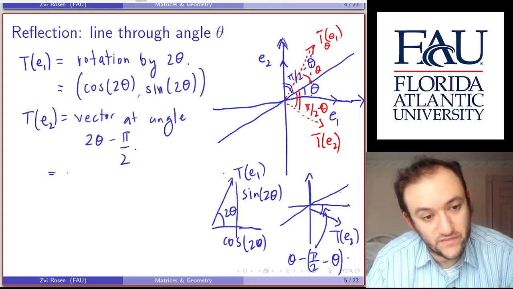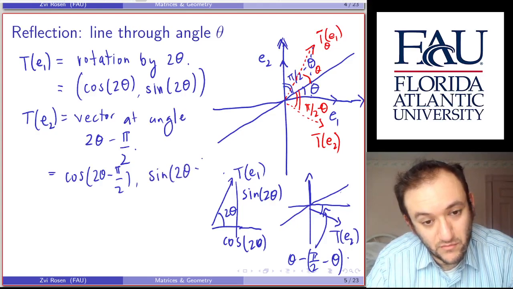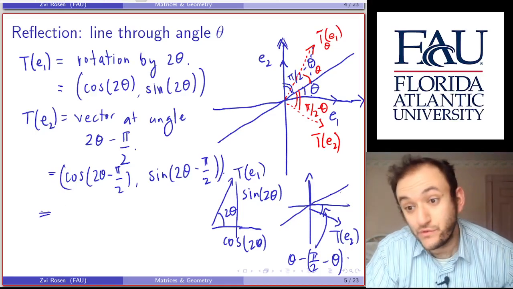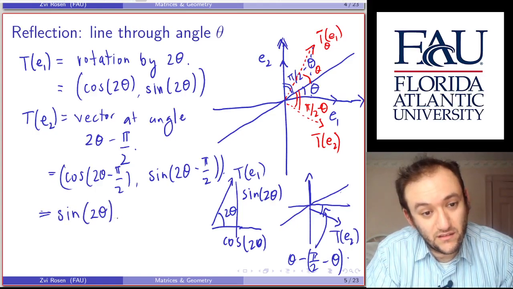So the coordinates of that are going to be cosine of 2 theta minus pi over 2 and sine of 2 theta minus pi over 2. Using properties of sine and cosine, this is sine of 2 theta, and this is minus cosine of 2 theta.